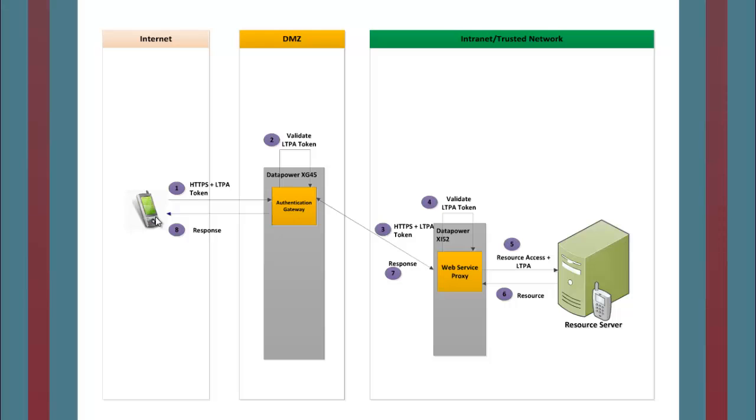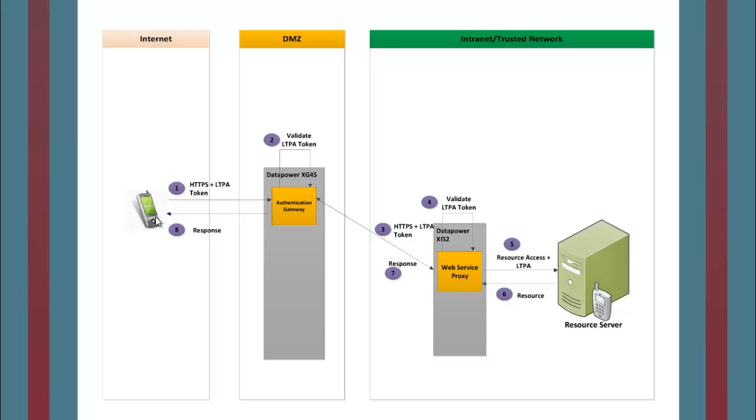So this is a typical deployment of Datapower, in which one Datapower is deployed in the DMZ zone and another Datapower is deployed inside the DMZ zone. They collaborate and work together to fulfill clients' requests.